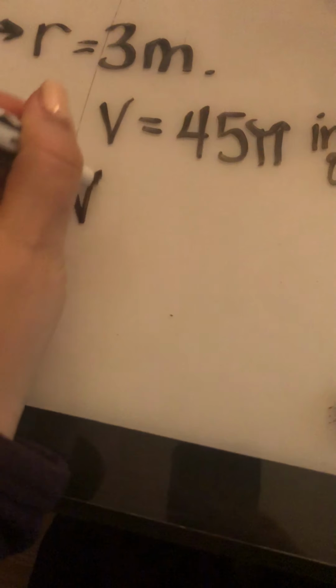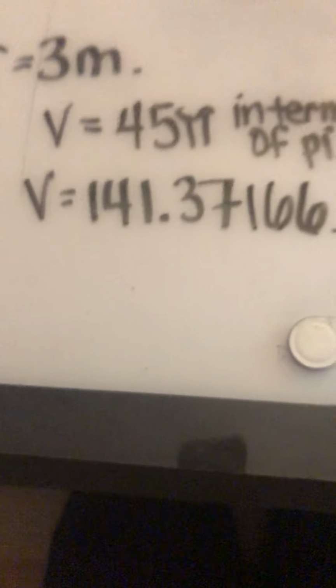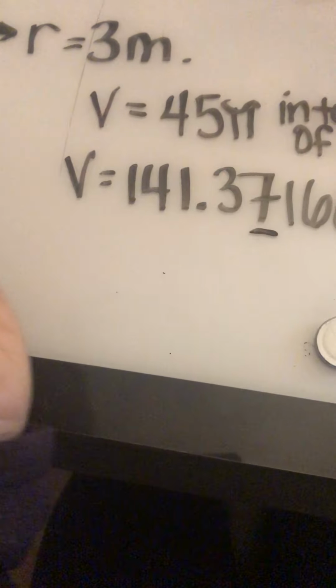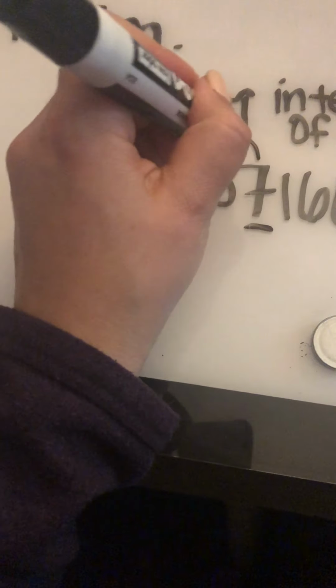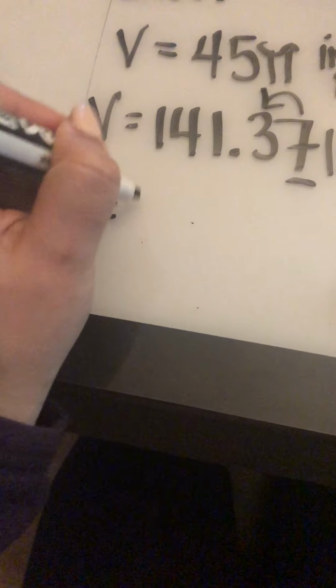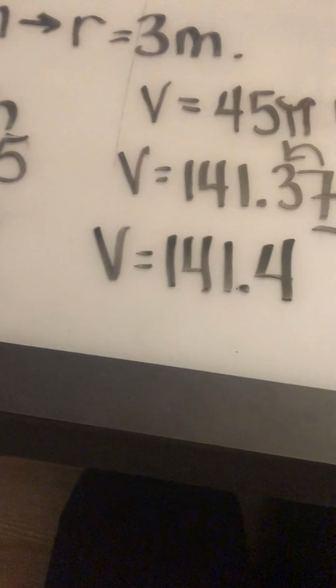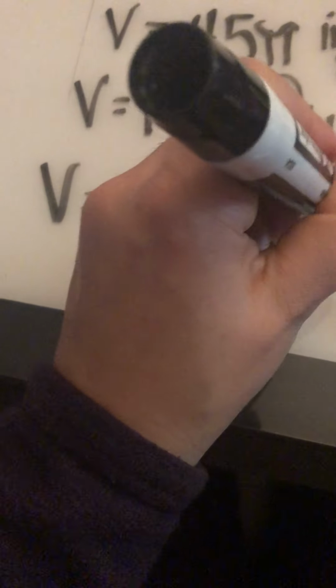So we get V equals 141.37166 and so on. Okay, and then if we're rounding to the nearest tenth, the 7 in the hundredths place tells me what to do. We are going to have to round that 3 up by 1. So my final answer will be 141.4, and our units were meters, so meters cubed.